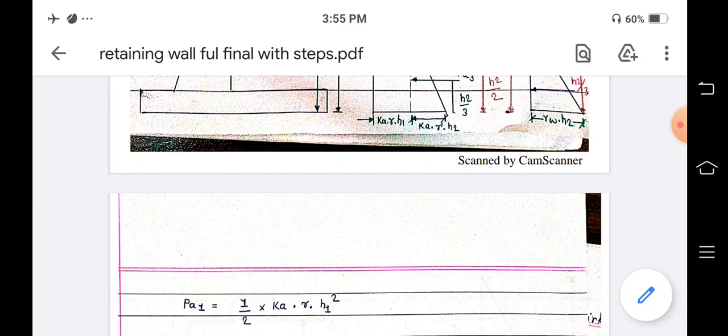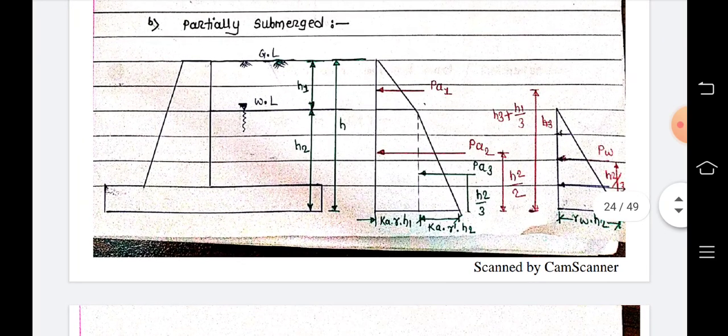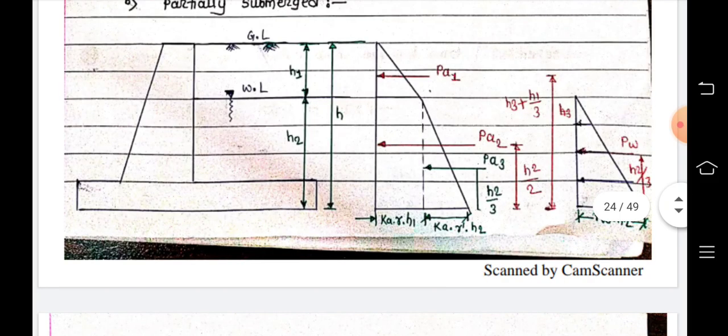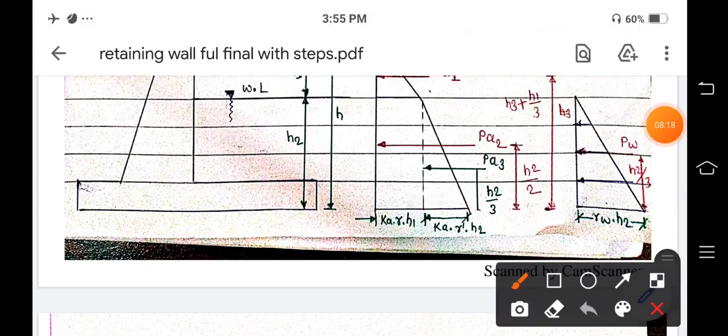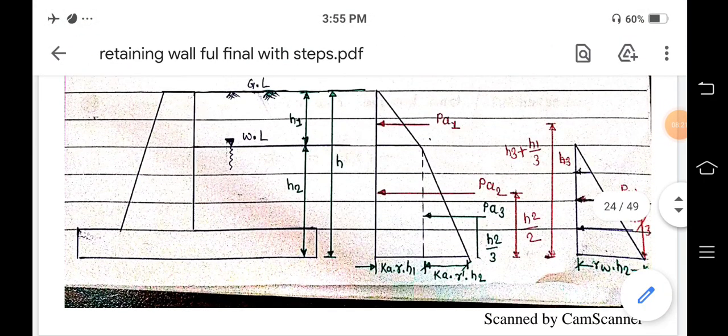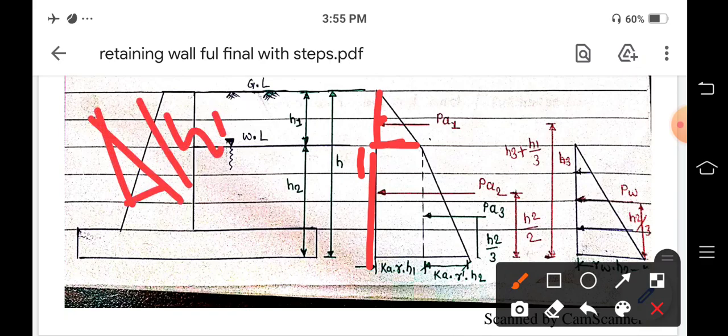Okay, if you want to know the position of their centroid, for the first case, for PA1, our centroid will be at H2 plus, for this triangle the CG will be at H1 by 3 because its height is H1, plus we have to add this height, that is H2 plus H1 by 3.